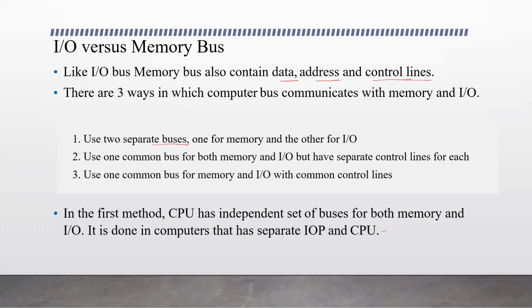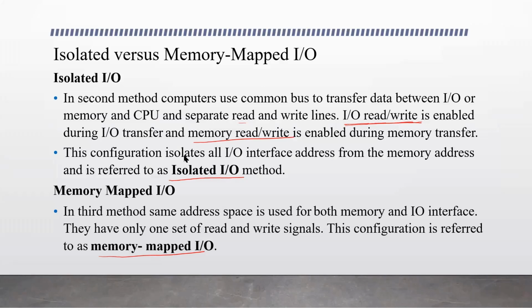The second configuration uses a common bus but two control signals, so the operations can be controlled by the control signals. These control signals isolate the devices, so this configuration isolates the I/O interface address from the memory address. It is referred to as isolated I/O. And the third configuration uses the same address lines and the same control lines. We call it memory mapped I/O.